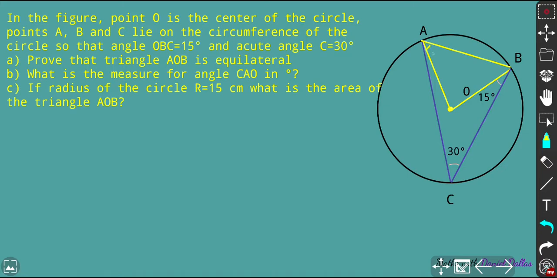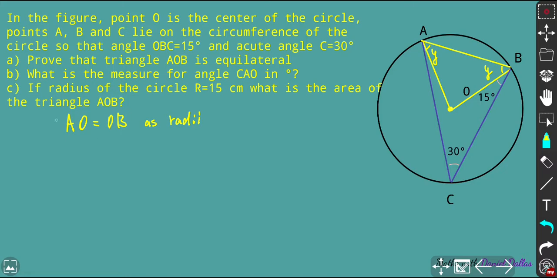Alright, so let's mark angle Y here, and angle Y here as well. Why? Because OA and OB are radii, so OA equals OB. As radii of the circle, you understand that a radius is basically the line segment connecting any point on the circumference with the center.